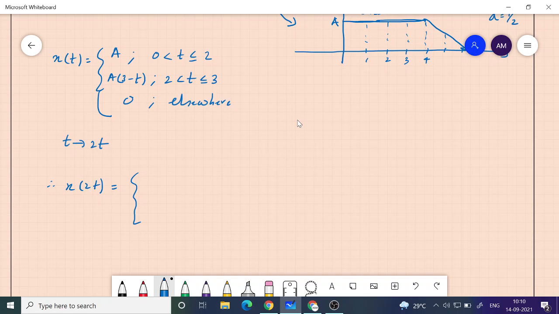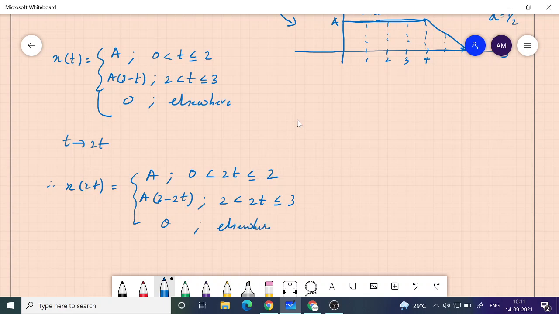So here there is no t, only a is there. So a for 2t less than or equal to 2, and then a into 3 minus 2t, for 2 less than 2t less than or equal to 3, and then 0 elsewhere.